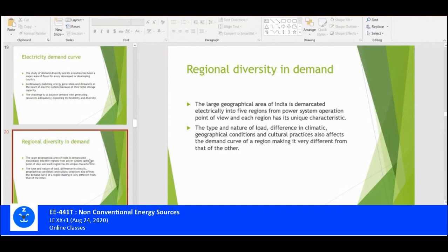So the variation of demand in Delhi as compared to Mumbai or Chennai or Hyderabad is going to be somewhat different. So we cannot say that regional diversity of all is going to be almost similar. They are going to be different. The type and nature of load, difference in climatic, geographical conditions, and cultural practices also affect the demand curve of a region, making it very different from that of the other.